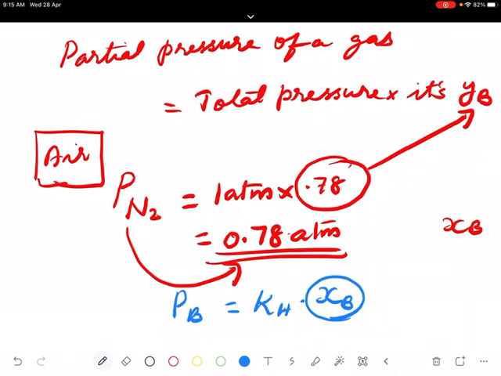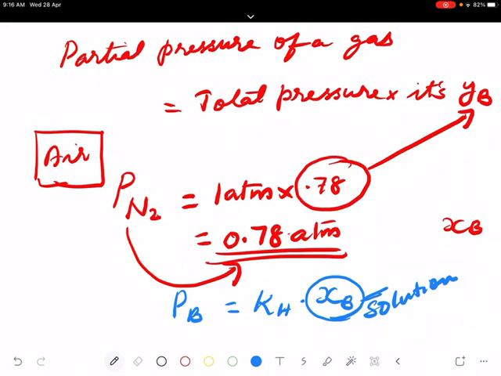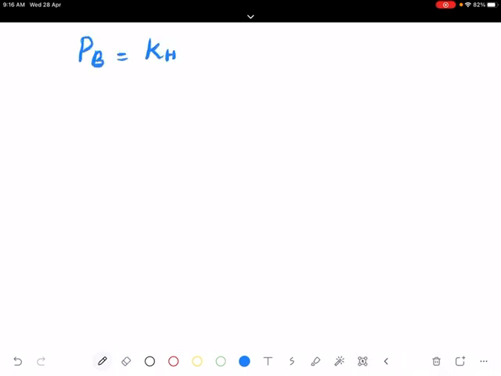YB is the mole fraction in the vapor phase. Once again we come back to PB is equal to KH into XB. You will have numericals based on this equation.